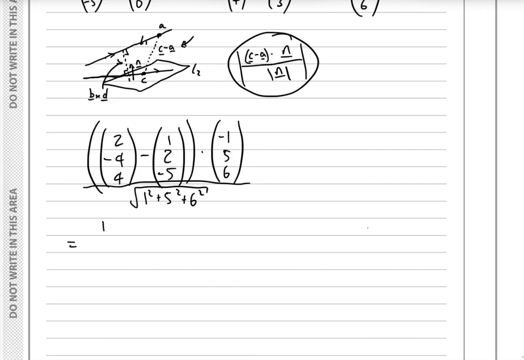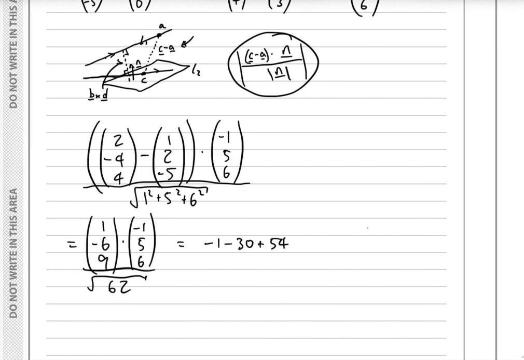2 minus 1 is 1, minus 4 minus 2, 4 minus minus 5. Dot with this. This is 62. That gives me minus 1 minus 30 plus 54 over root 62, which is 23 over root 62.